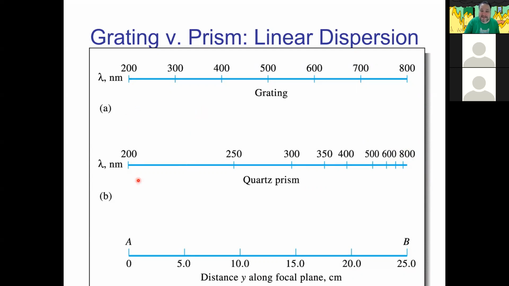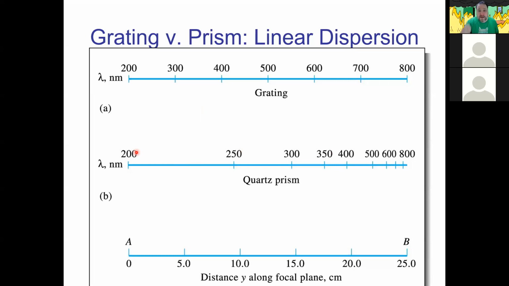The fact that this over here is more spread out is because blue light is more easily diffracted than red light, because as we transit from one medium to another, there's going to be a wavelength dependent shift in the angle at which it comes out.